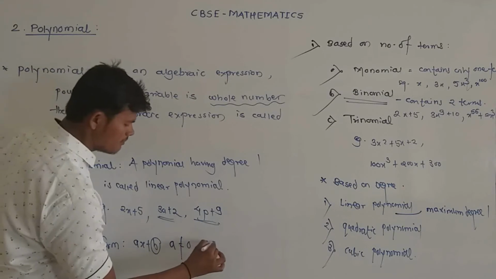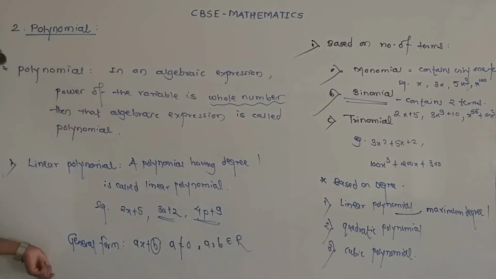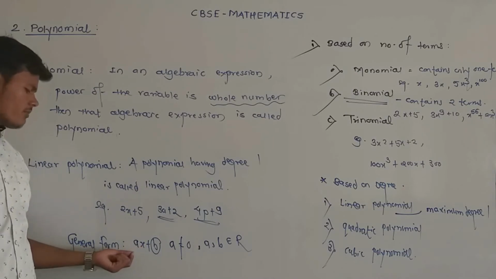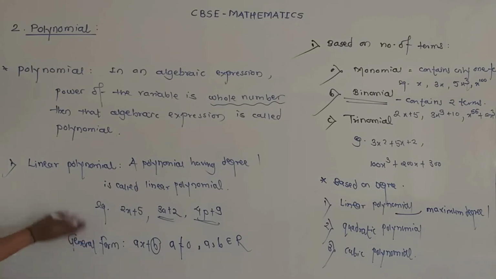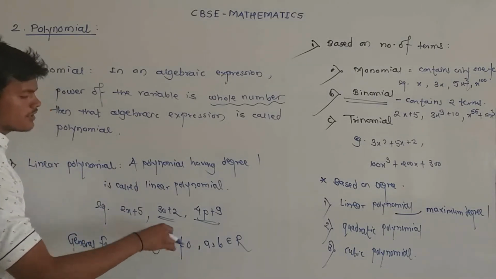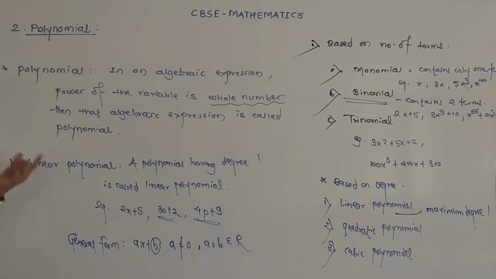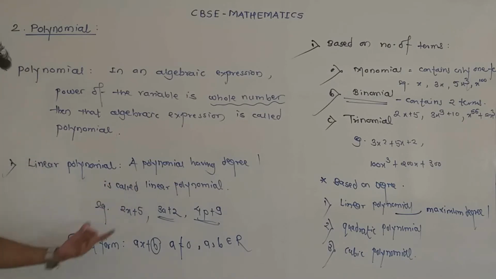Here a and b both belong to real numbers. So a is the coefficient of x and b is the constant term for the linear polynomial. So this is the general form for the linear polynomial, that is ax plus b, where a is not equal to 0. Okay, so a polynomial having degree 1 is called the linear polynomial.